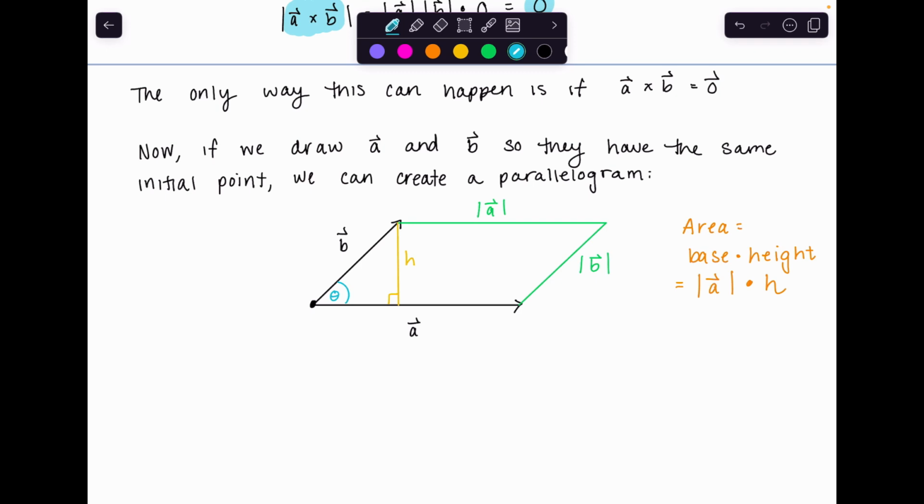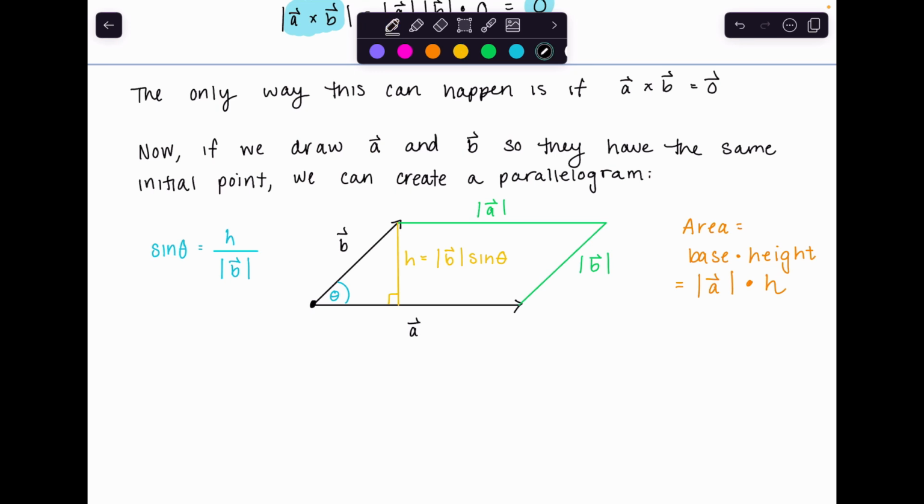Working with this right triangle, sine of the angle theta is equal to the opposite, which is H, over the hypotenuse, which is the length of the vector B. So we can rearrange: H is B times sine of theta.